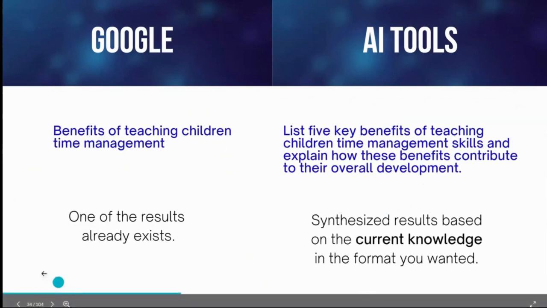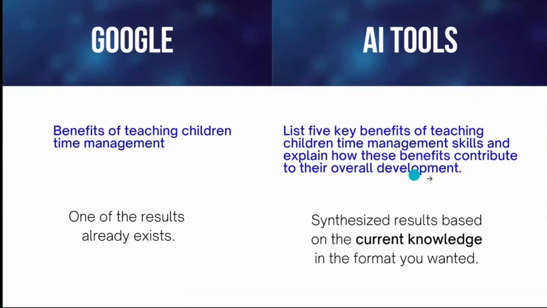This is how a Google search is different from a prompt for artificial intelligence. And this is the key point you need to understand when you're working with artificial intelligence tools, any tools in the future. We are already in that revolution, and without it you will see that you will just lag behind.